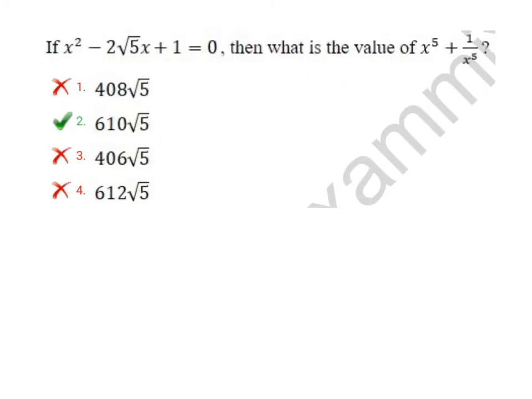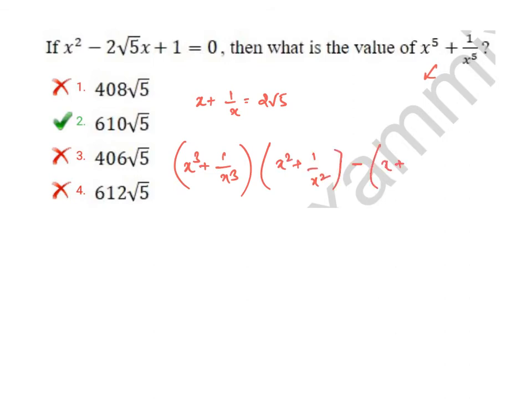Now x square minus 2 root 5 x plus 1 is equal to 0. Then what is the value of x to the power of 5 plus x to the power of minus 5? First you can write x plus 1 by x is equal to 2 root 5. This can be written as x cube plus 1 by x cube, and then (x square plus 1 by x square) times (x plus 1 by x). x cube plus 1 by x cube, if it is a, then you can write as a into (a square minus 3). a is 2 root 5. a square is 20, minus 3 is 17.